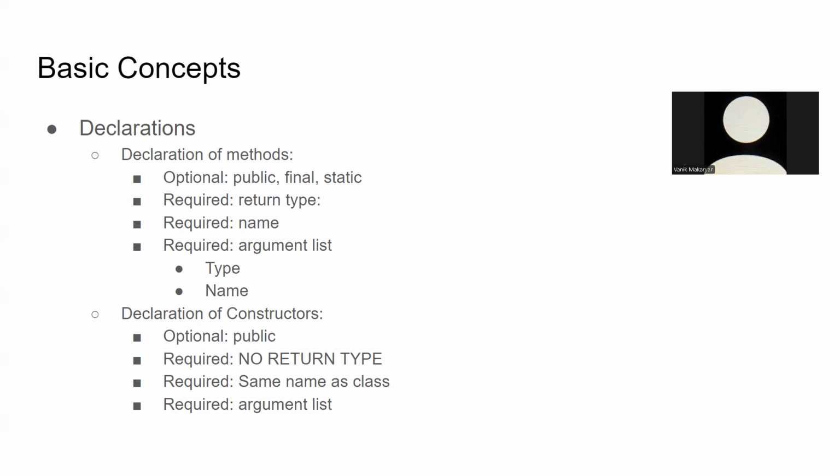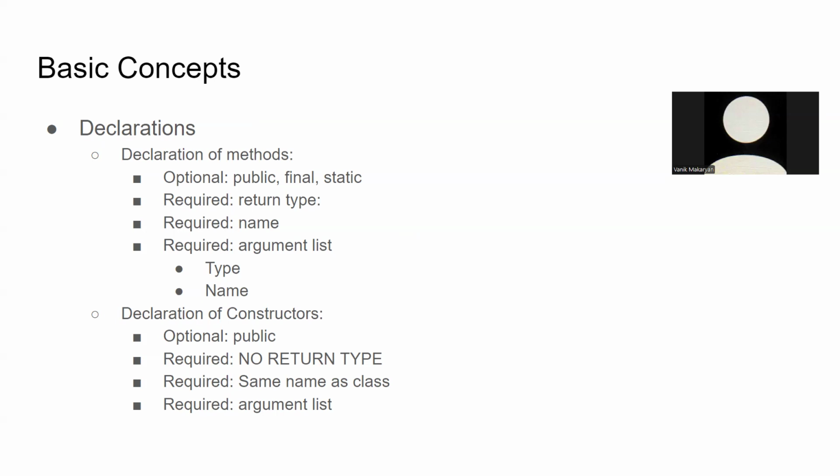They're going to be required to have a return type, a name, and an argument list. And that argument list will consist of pairs of types and names separated by commas. Constructors are kind of like methods, except they have no return type, and their name is the same name as the name of the class. Okay, and then a constructor is a special method that gets called by Java to initialize the class object. Okay.